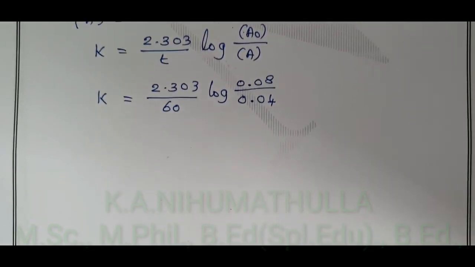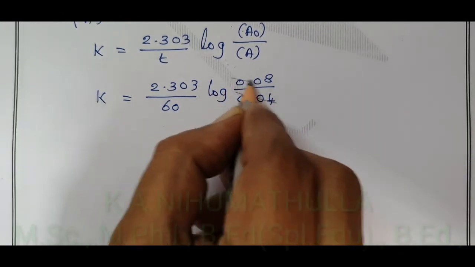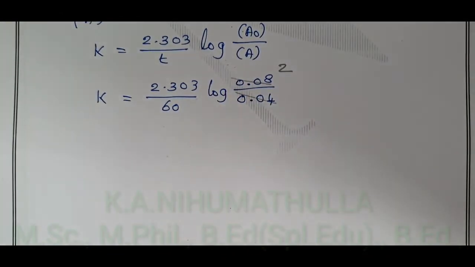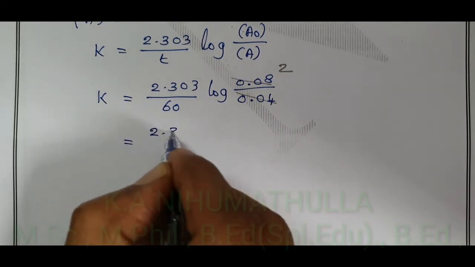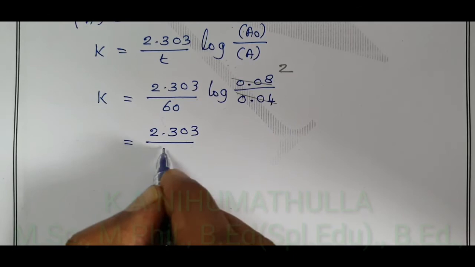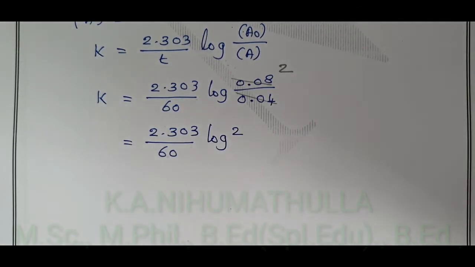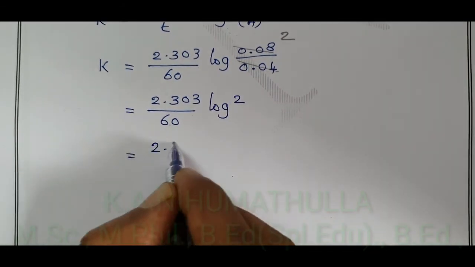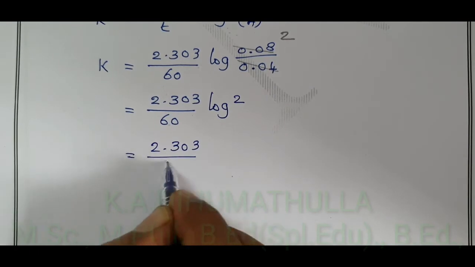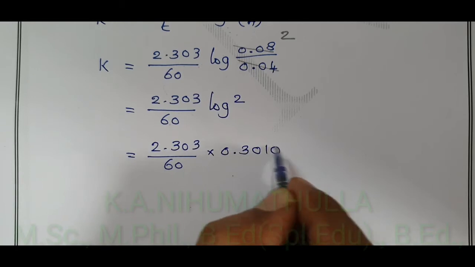Now, we can cancel the denominator and numerator quantity. 0.04 here 2, numerator is 2, that is equal to 2.303 by 60 into log 2, that is equal to 2.303 by 60 into 0.3010.